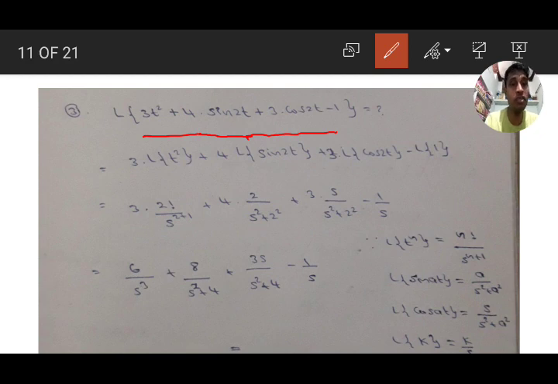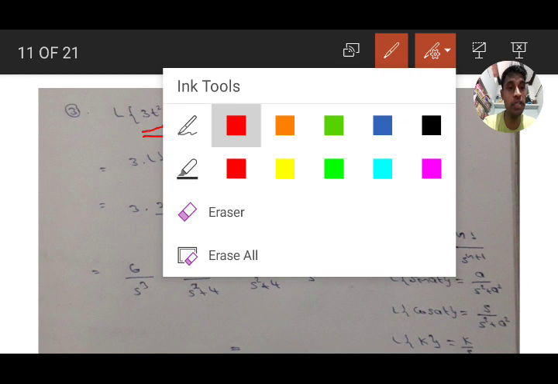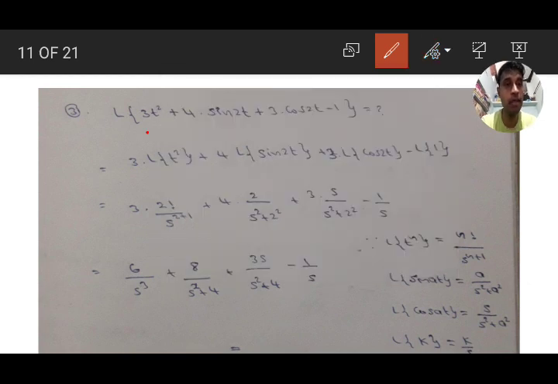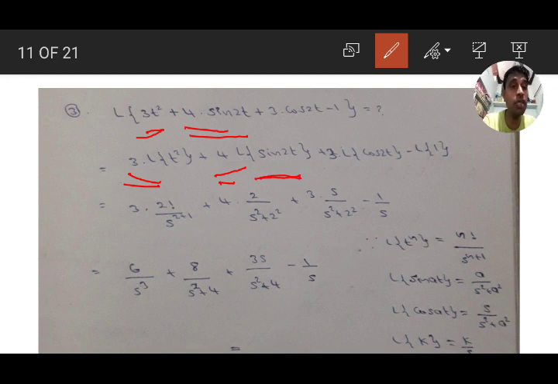So first, by linearity property, in 3t square, 3 is the coefficient, so 3 outside, Laplace transform of t square. Next, second function, 4 into sin 2t, 4 is the coefficient outside, Laplace transform of sin 2t.